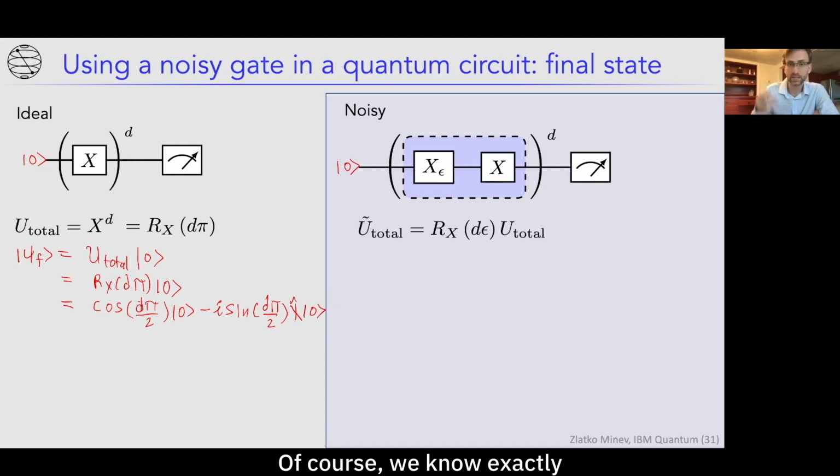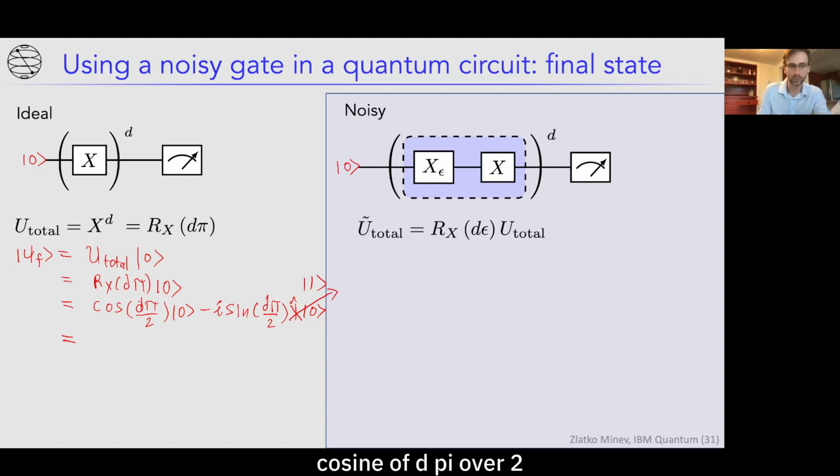Of course, we know exactly what x acted on 0 is. That's nothing other than the 1 state. That's our bit flip.